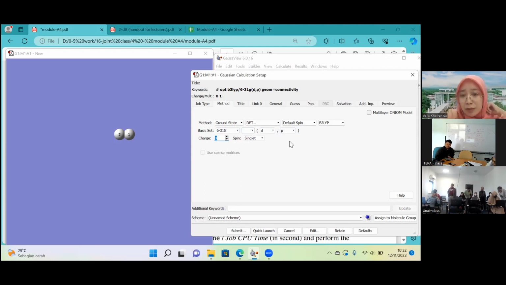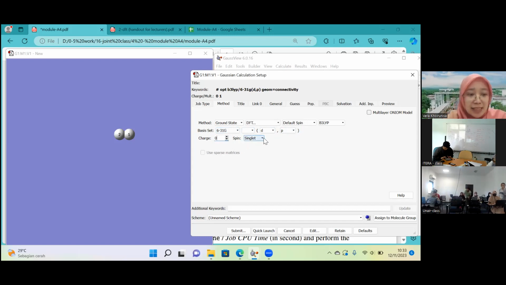Okay, so you have 3 options of basis sets. But now I will use 6-31G(d,p). And the charge is, because it's neutral, so I just put the charge 0.